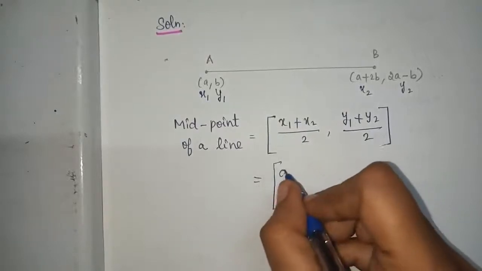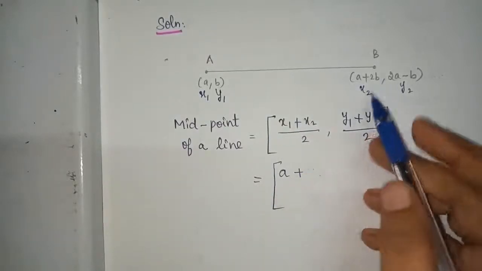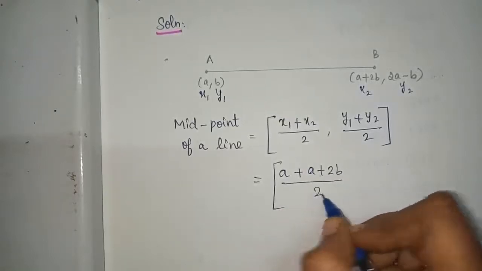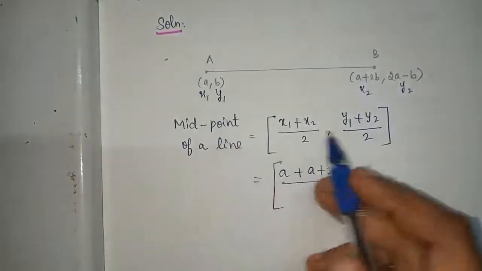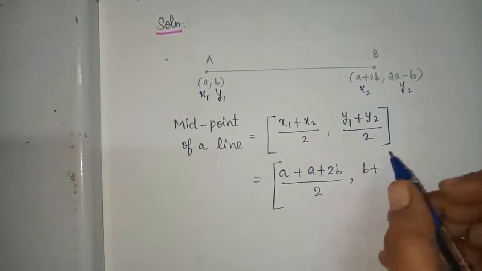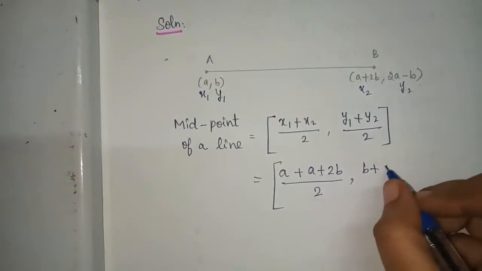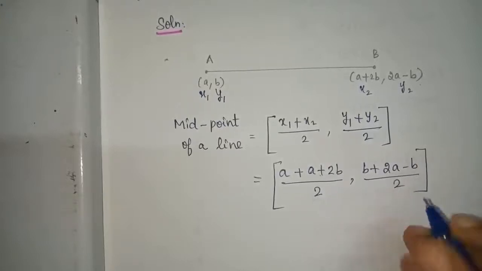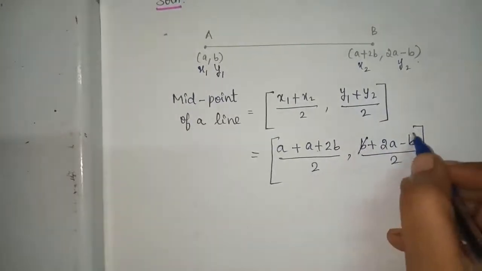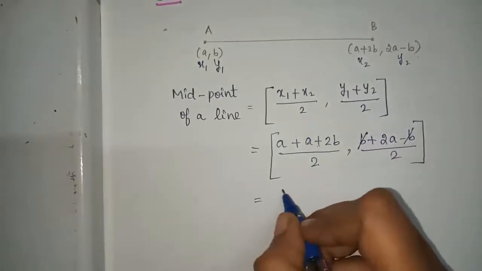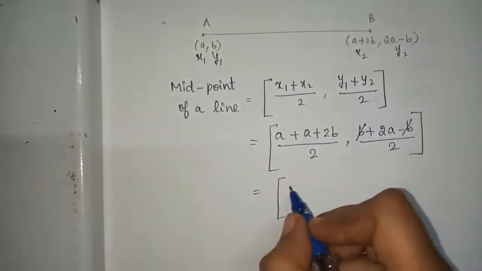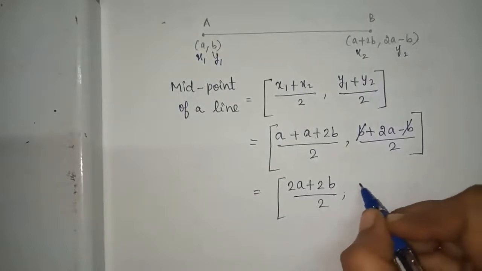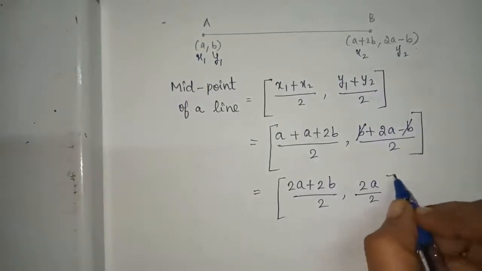x1 value A plus x2 value A plus 2B, divided by 2, comma y1 is B plus y2 is 2A minus B, so 2A minus B, divided by 2. Here plus B minus B gets cancelled, which gives A plus A is 2A plus 2B divided by 2 comma 2A divided by 2.